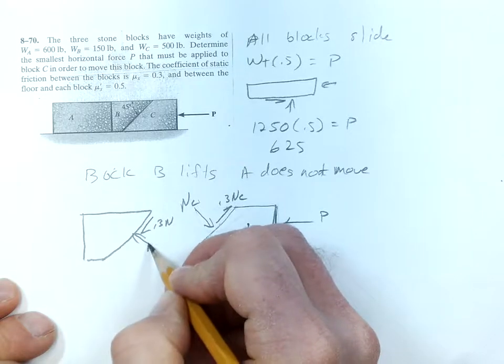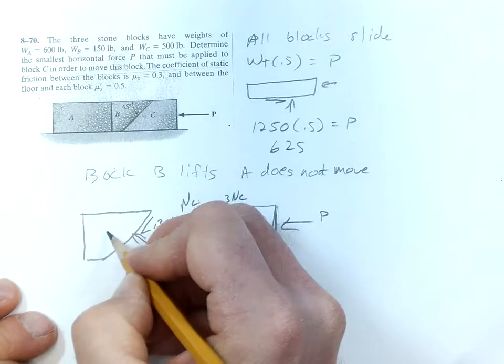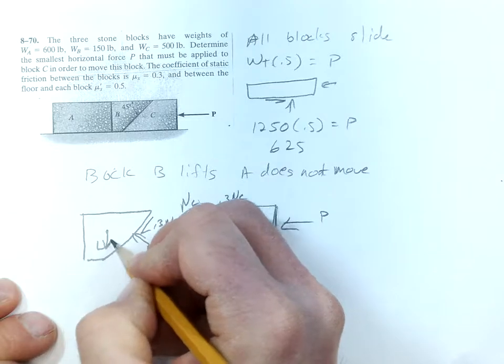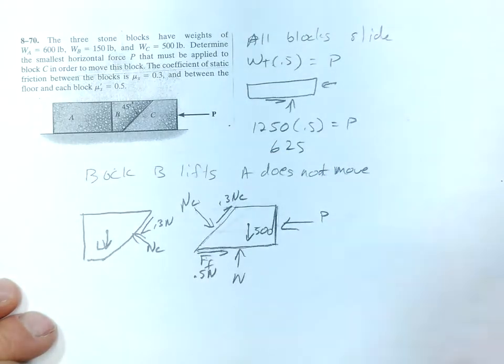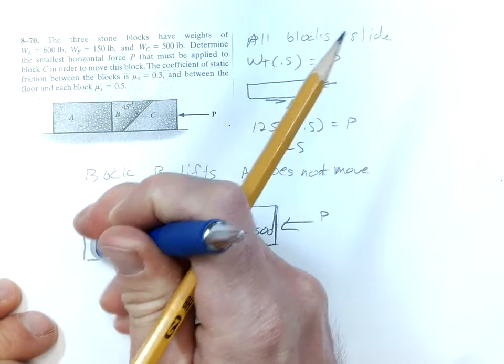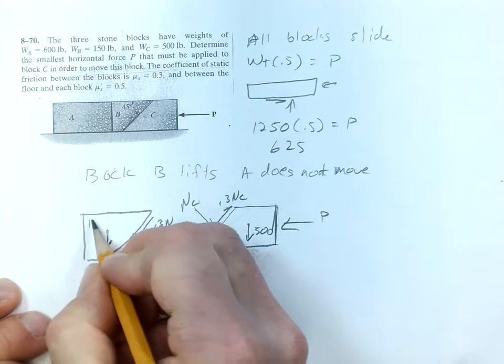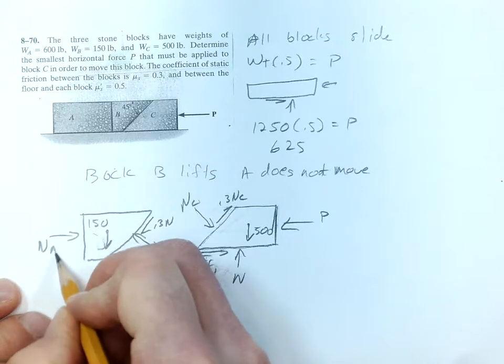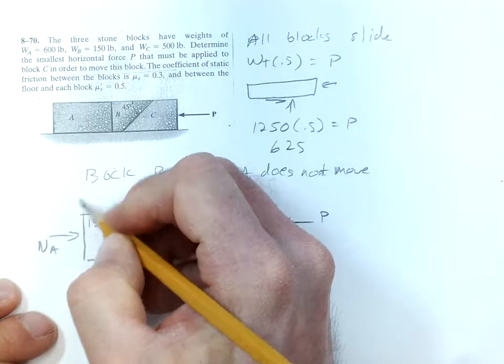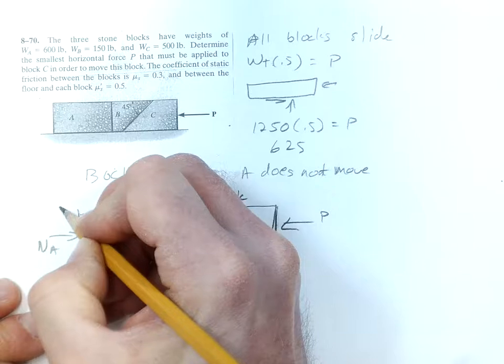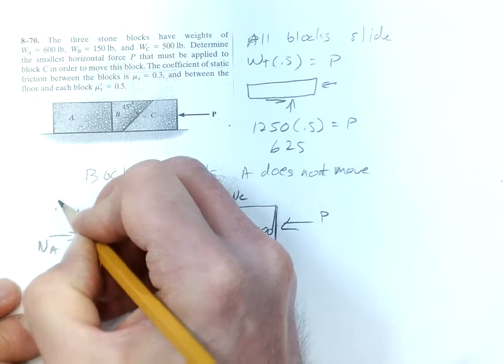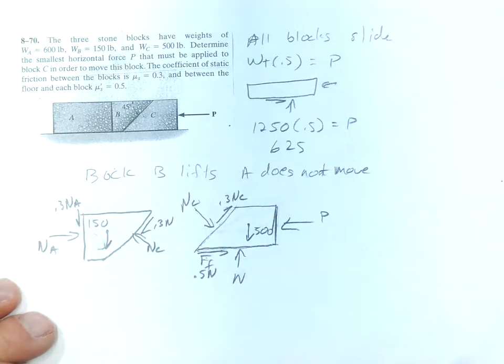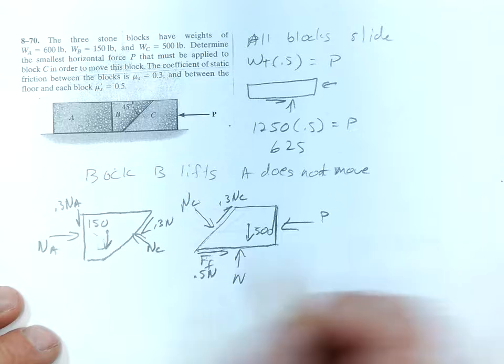We got a normal C. We got 150 down, normal A, and friction down, which is 0.3 normal A, and that's the free body diagram for that one.